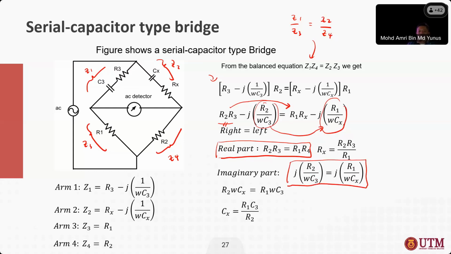From this relationship, we can estimate the unknown values of Rx and Cx. For the real part, Rx is equivalent to R2 multiplied by R3 over R1. As for Cx, it is equivalent to R1 multiplied with C3 over R2.